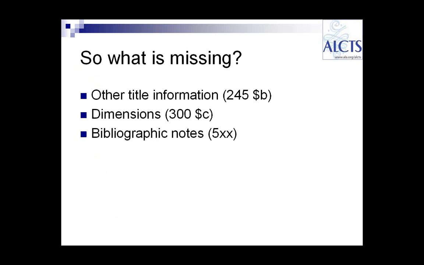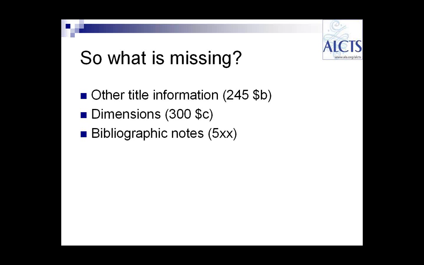Okay, so you might be wondering, what is missing from this core element set in RDA? Well, there are certain elements that are not necessarily required, such as other title information, the 245 subfield B, dimensions, and bibliographic notes.